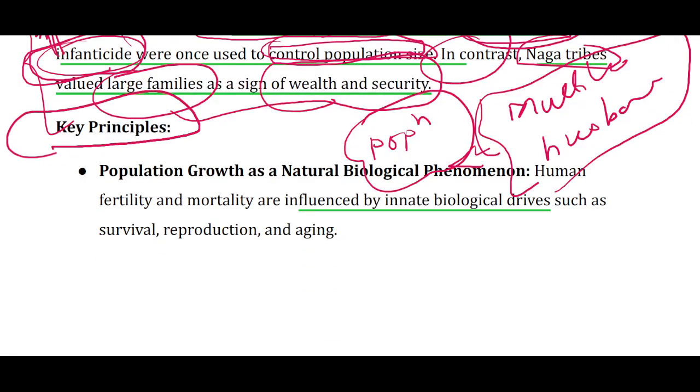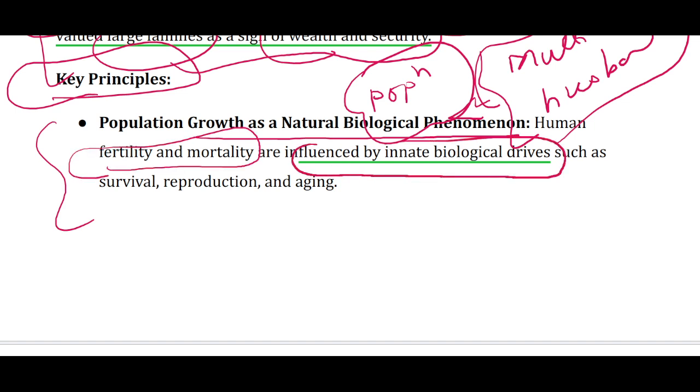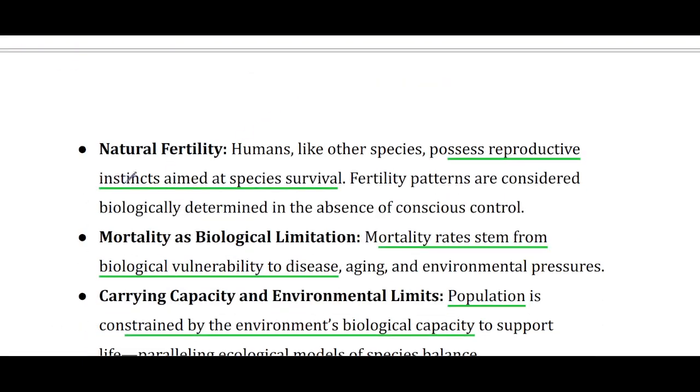Now the principles of this biological theory. First, population growth and natural phenomena, here fertility and mortality, are influenced by innate biological drives such as survival, reproduction, and aging.